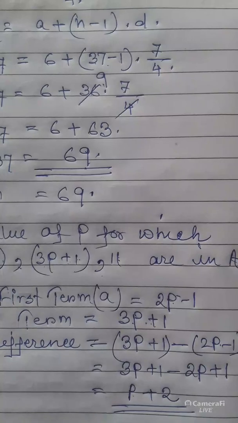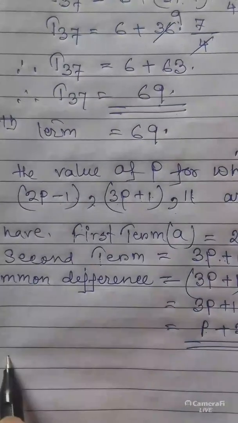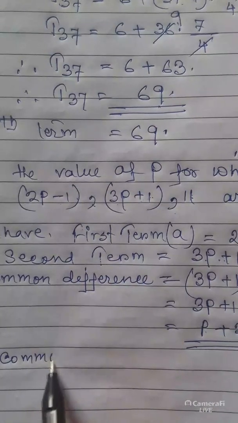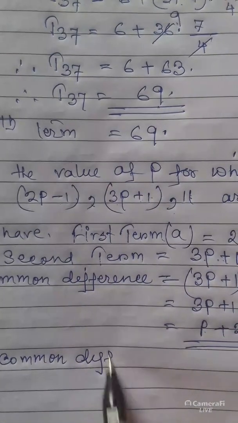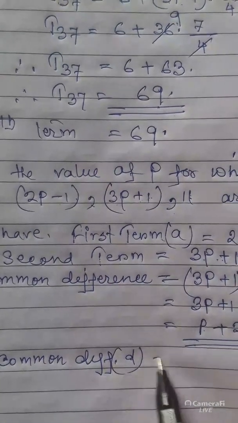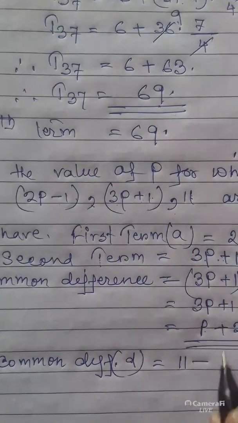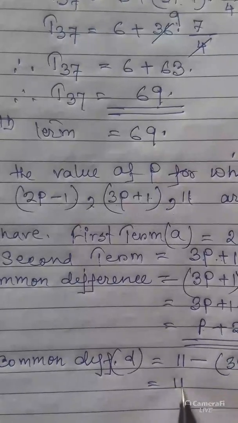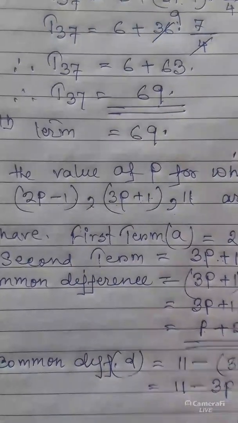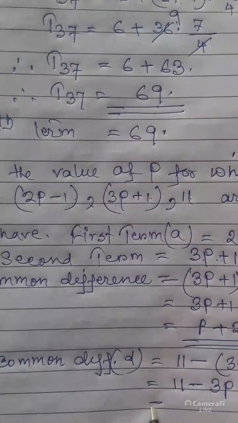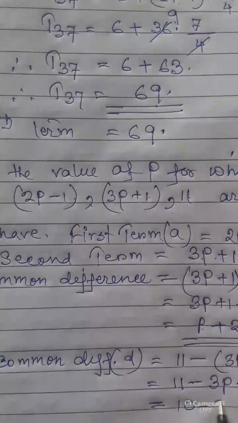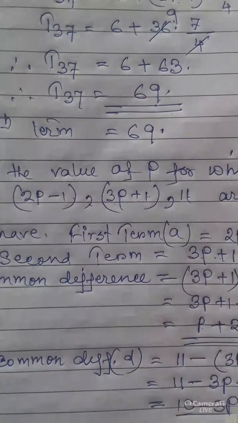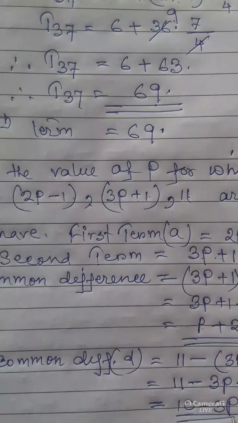So common difference D equal to 11 minus 3P plus 1. So 11 minus 3P minus 1, 10 minus 3P. Here also 10 minus 3P equal to common difference.